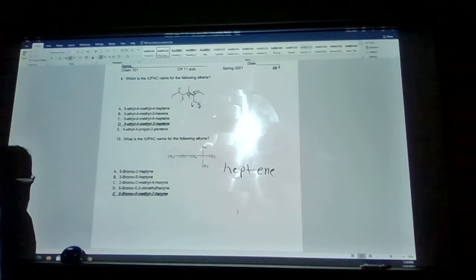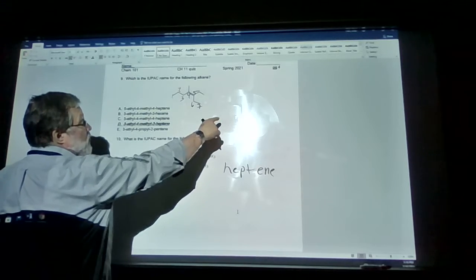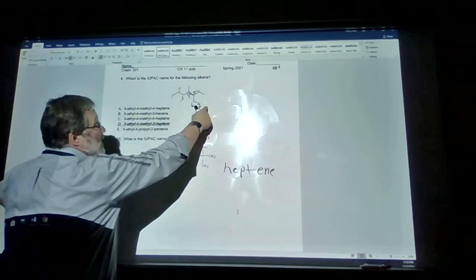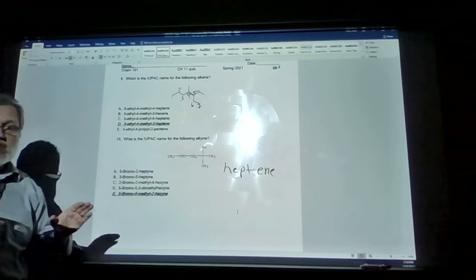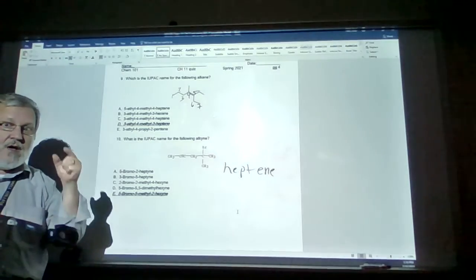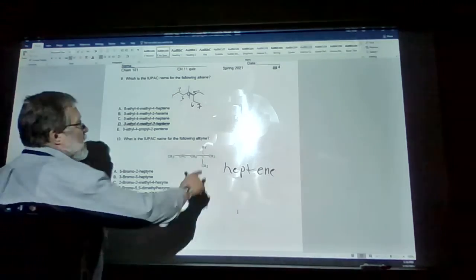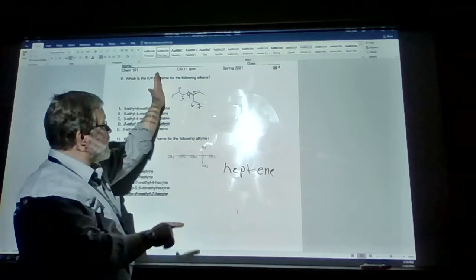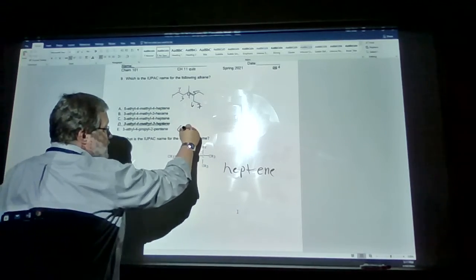Where in our 7 carbon sequence does that double bond occur? Now we're saying, do we number 1 and go to the right, or do we go 1 and to the left? Whichever way we choose, the double bond carbons have to be where the first carbon has the lowest numbering in the sequence possible. So if we number from left to right going this way, the double bond is at C4.